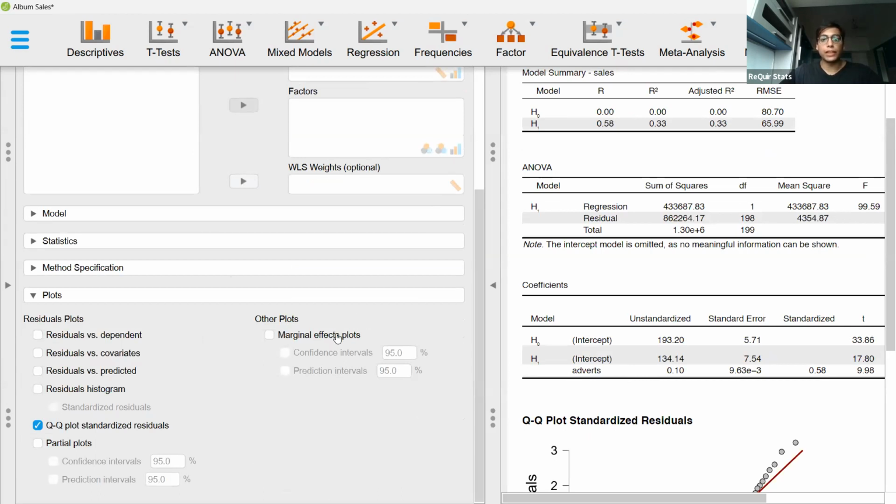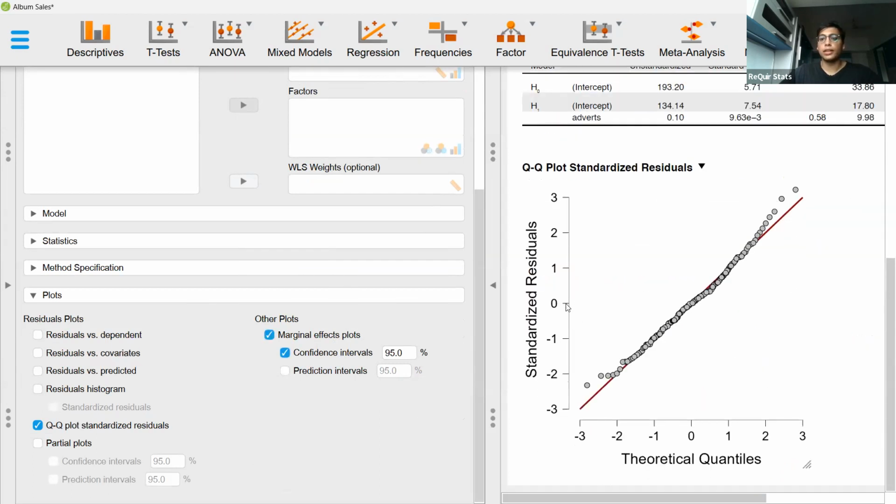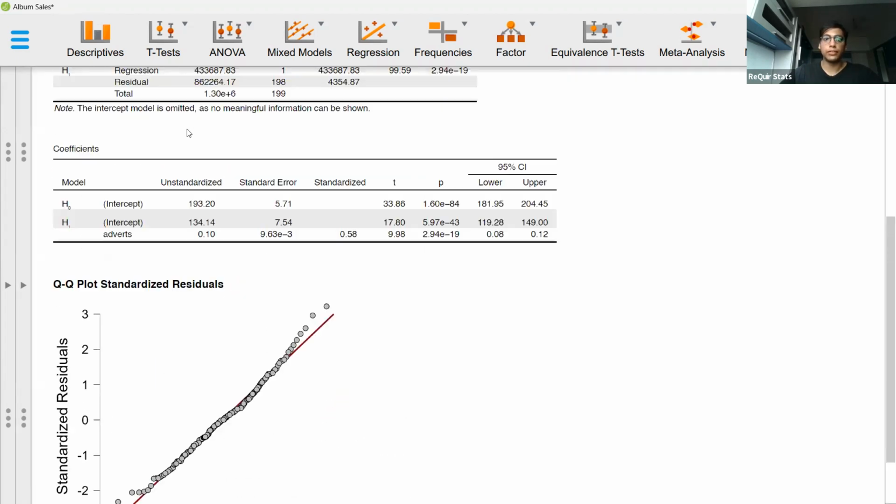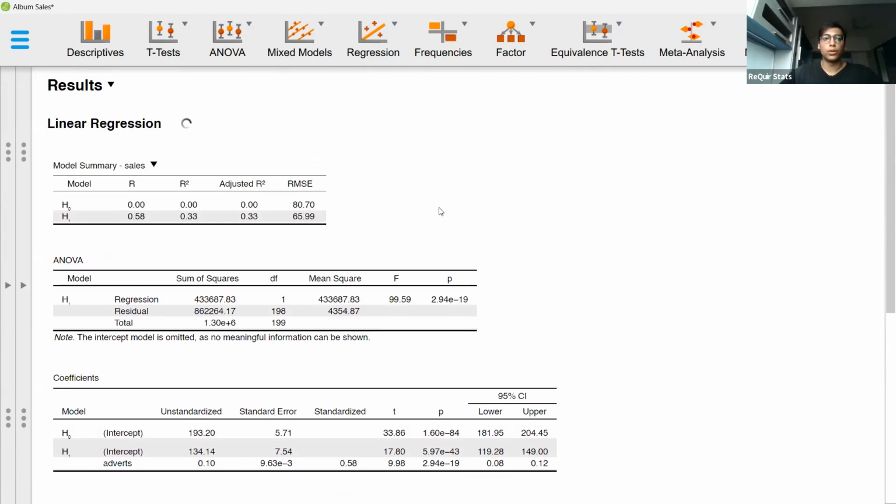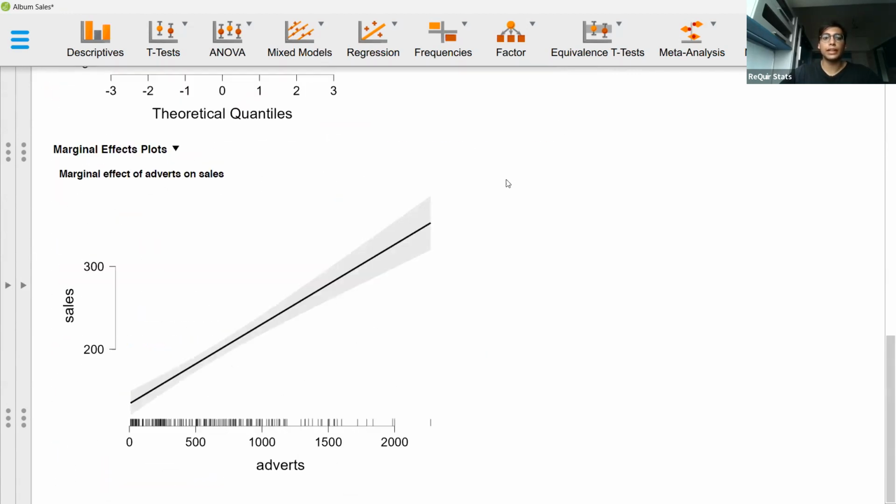Now, the marginal effects plot. To select this plot, it will just give you a best fit line for univariable regression. Let's wait for this to load. This will essentially be a best fit line with a confidence band. These are 95% confidence intervals.